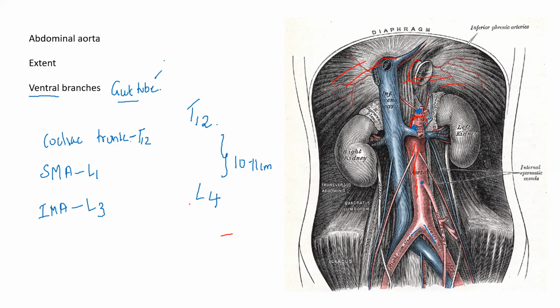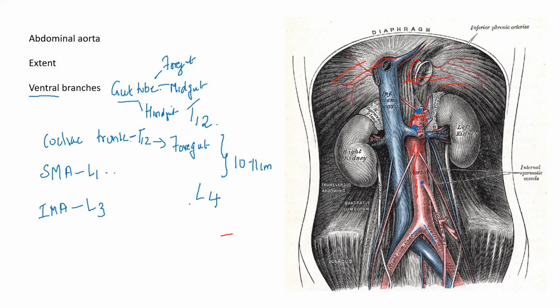And you know the gut tube is going to be further divided. Embryology: foregut, midgut, and hindgut, isn't it? The celiac trunk will supply the structures derived from the foregut.